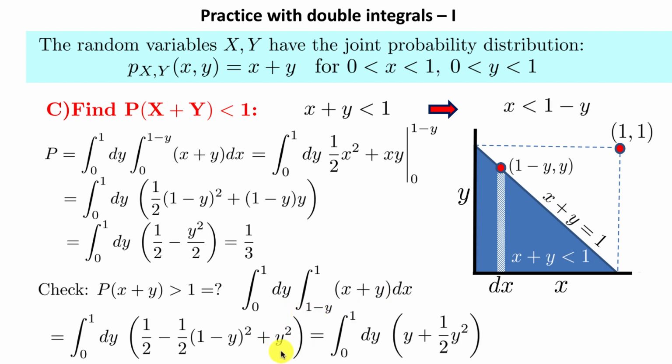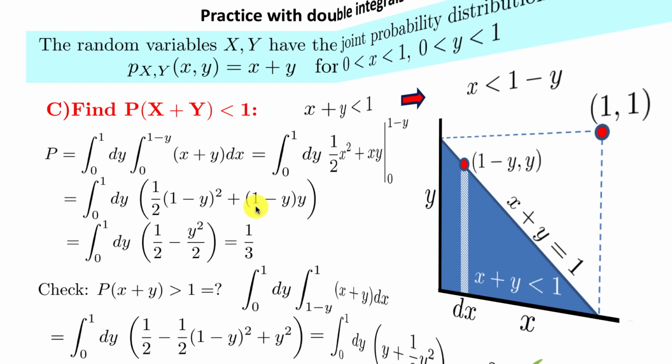And if you simplify this, that's y plus half y squared. The rest is pretty trivial. If you integrate y between 0 and 1, you get half. If you integrate y squared between 0 and 1, you get 1/3. So that's half plus 1/6, which is equal to 2/3. And so, indeed, 2/3 plus 1/3 is equal to 1, as it should be.